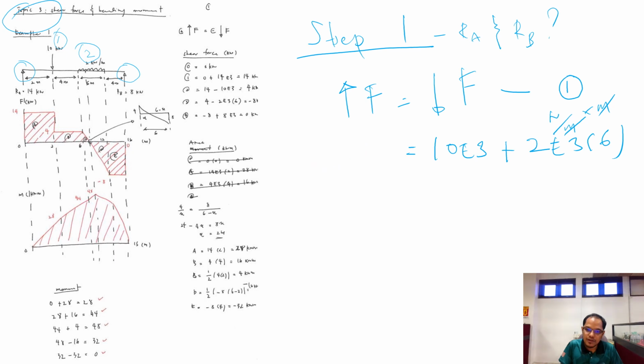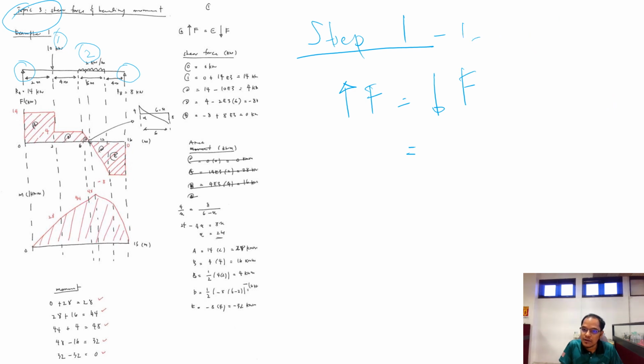Alright, step 2 is quite easy as well. Since you already have the RA and RB value, so it's going to be much more easier, yeah.